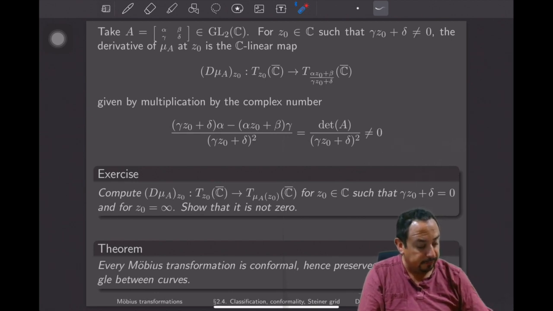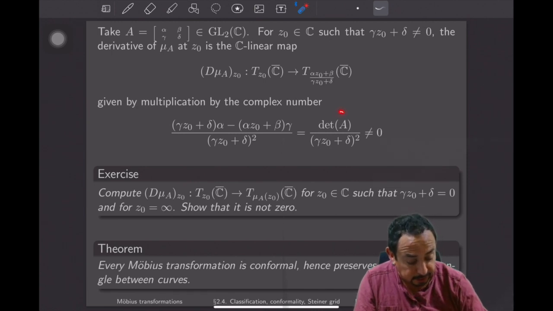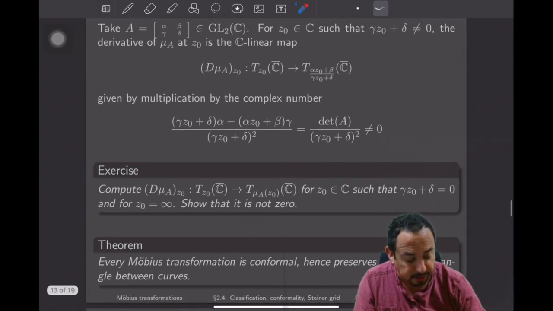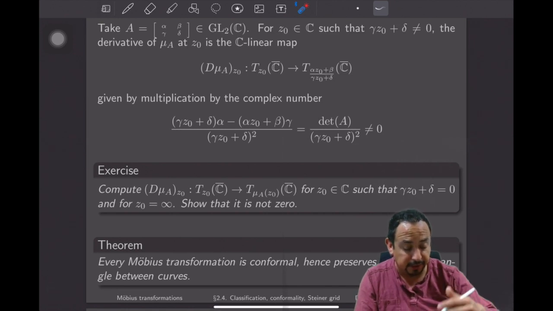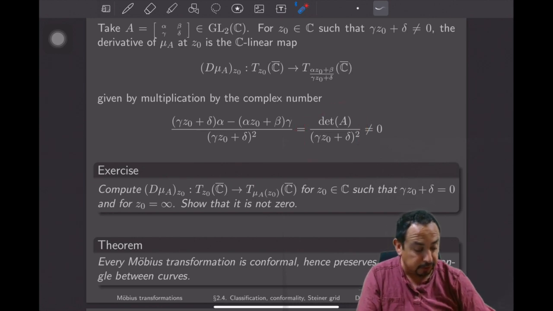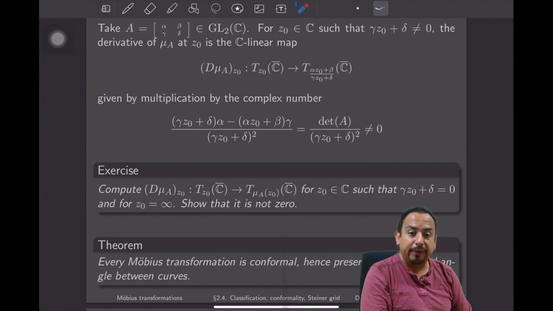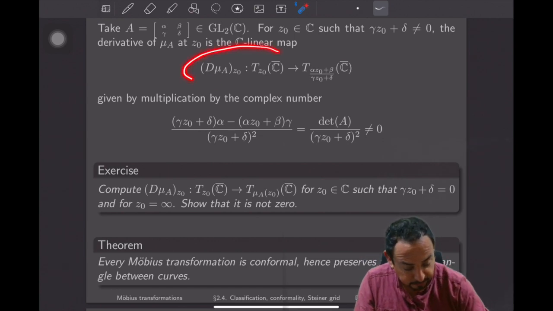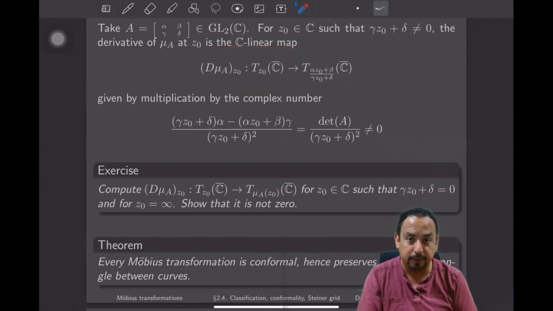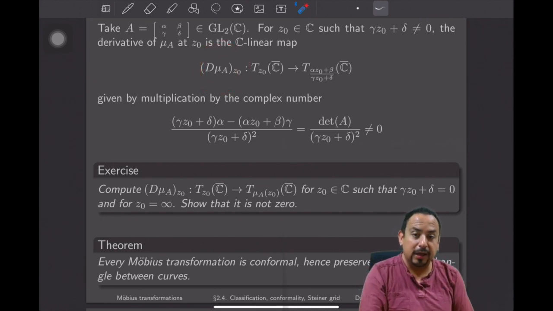And whenever a function is holomorphic, that is, whenever its derivative is given by multiplication by a non-zero complex number, these angles are preserved. Right? Angles between vectors are preserved by this linear map, and that's what it means.